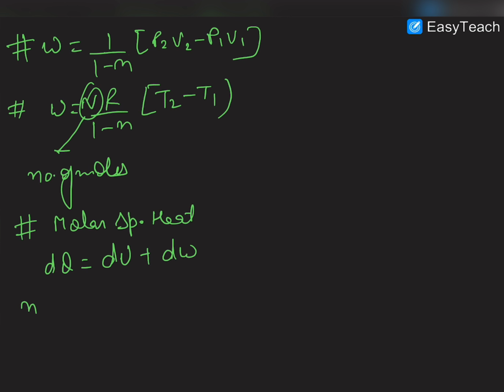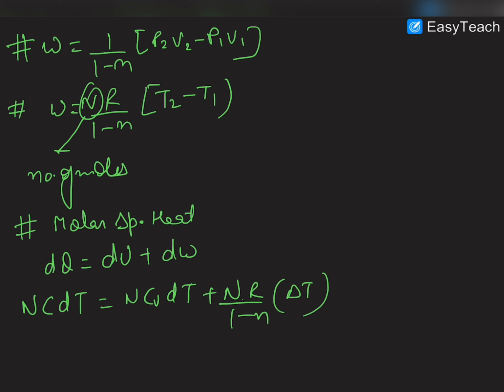Now dQ will be N C dT, dU will be N Cv dT, and dW is N R upon 1 minus n into dT, where N is the number of moles, and you should always remember that dT is T2 minus T1.